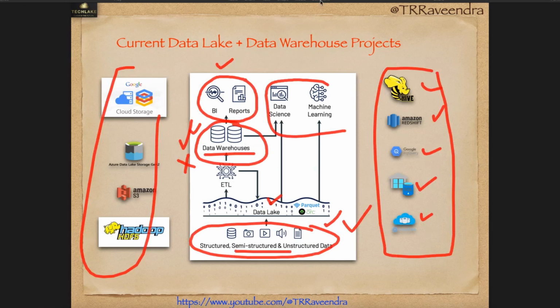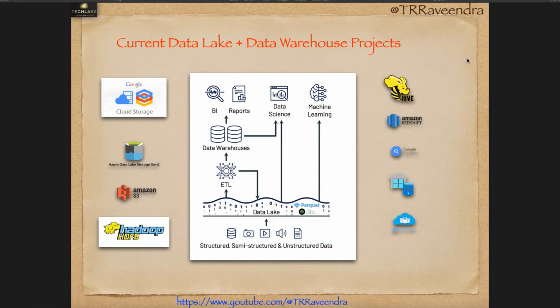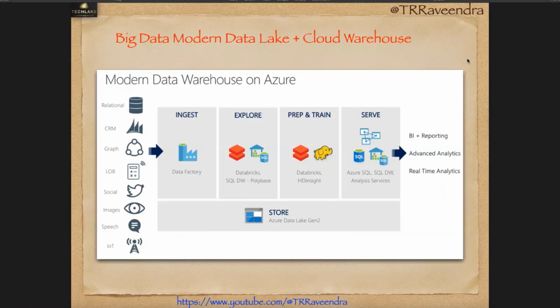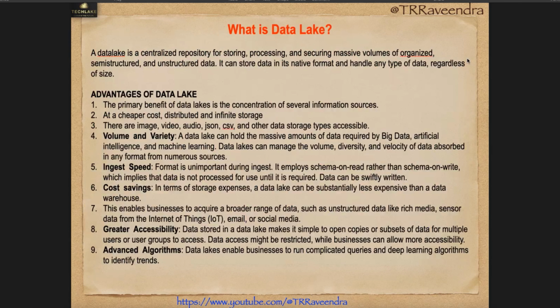Data lakes have some disadvantages, but first the advantages. Every data lake, maybe Azure, Google, or AWS, is cheap. First is the cheapest storage cost. You can store any size and any type of data: structured, semi-structured, unstructured, any variety.